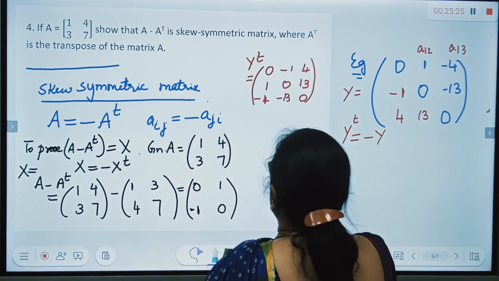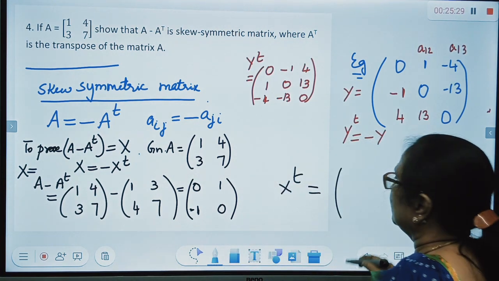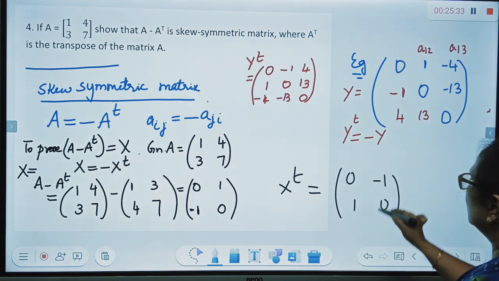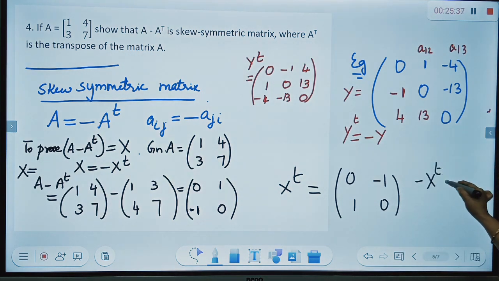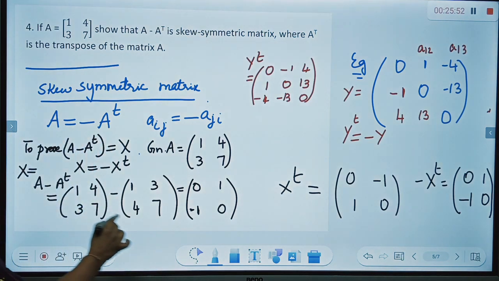Now this is X. So what will be X transpose? X transpose will be 0, minus 1, 1, 0. What will be minus X transpose? Minus X transpose will be 0, 1, minus 1, 0. So, what is our X? X equal to this.